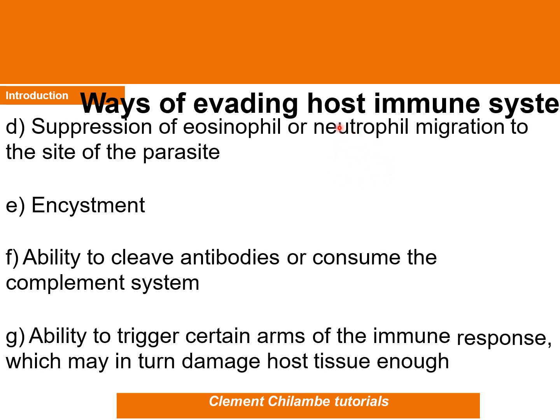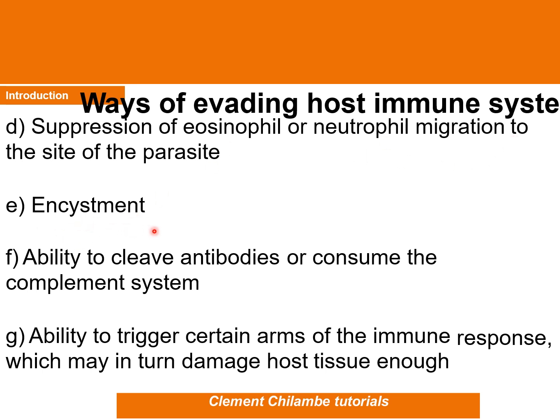They are the ones that migrate to the site of injury, ensuring that they do all the necessary procedures in order to eliminate that parasite. Neutrophils are also among the cells of the natural immune response in the host, in a mammal, in short. So there is suppression of eosinophil or neutrophil migration to the site of the parasite.